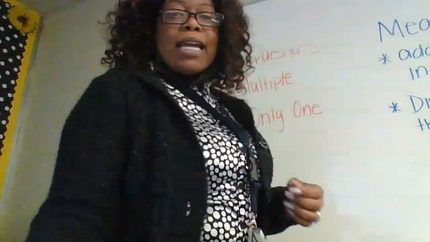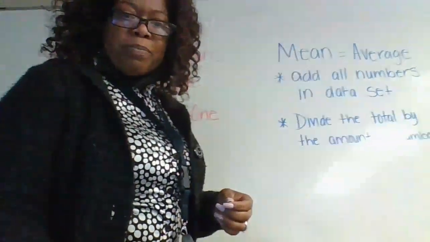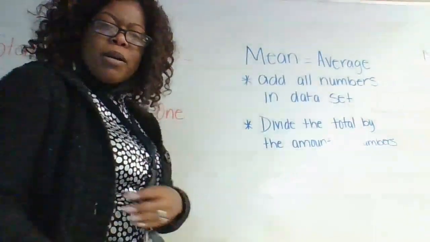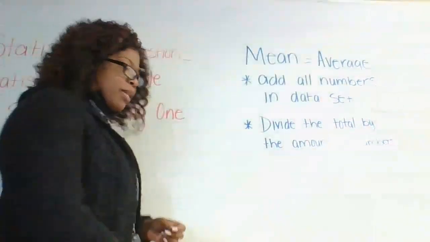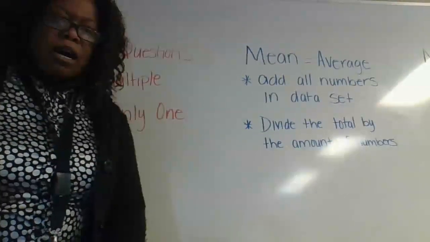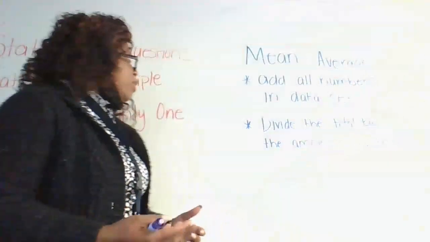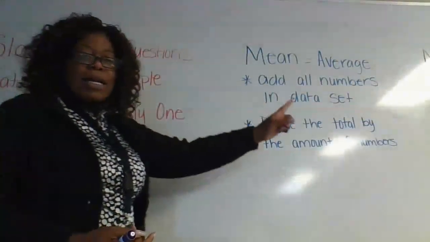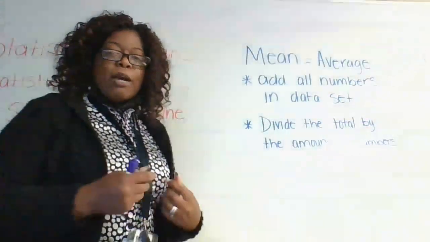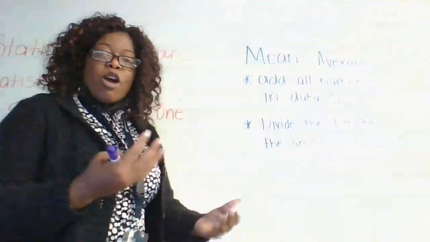So then yesterday, you had a little break from Miss Ramey and all the rest of your teachers, but then today we came back and I talked to you about these two things called mean and median. And we learned today that mean is the same thing as average. Mean and average are one and the same.